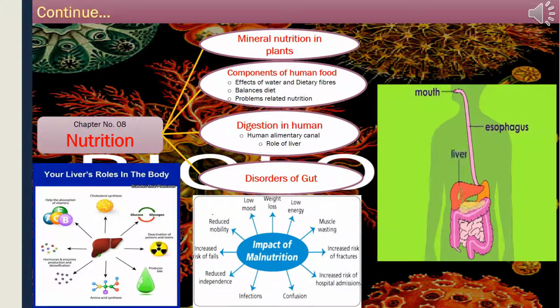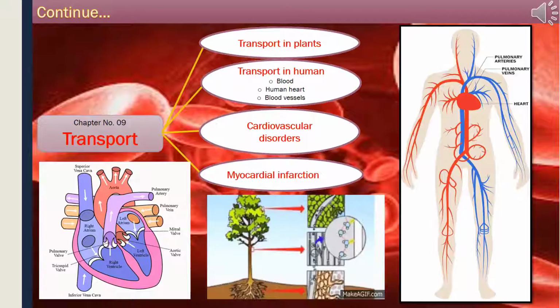Chapter number 8, nutrition. In this chapter we will discuss mineral nutrition in plants, components of human foods, carbohydrates, lipids, protein, and the effect of water and dietary fiber on humans, what is a balanced diet, problems related to malnutrition, and digestion in humans, digestion in the alimentary canal, the role of the liver, and disorders of the gut.